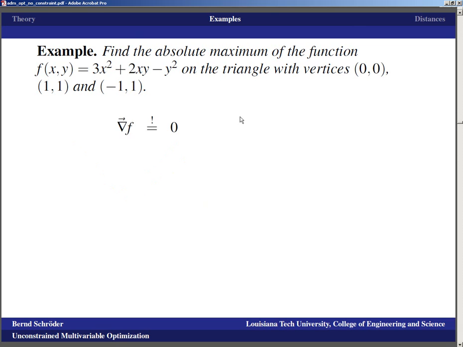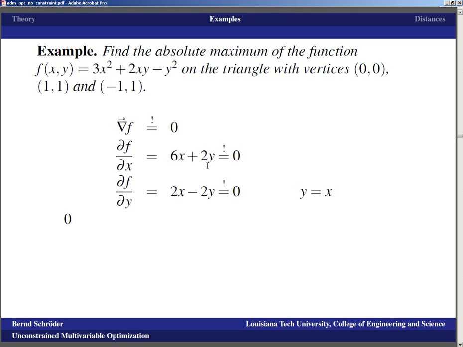Alright, so first of all, we want to find the relative extrema overall, so we take the gradient of f and set that equal to 0. The partial derivative of f with respect to x is 6x + 2y, and that needs to be equal to 0. And the partial derivative of f with respect to y is 2x − 2y, which is supposed to be equal to 0. Well, that tells us very quickly that y is equal to x.